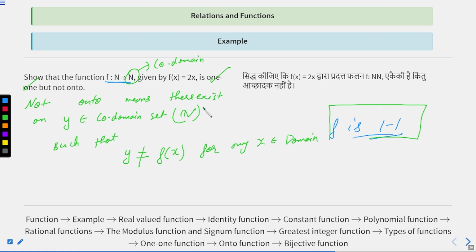So here the domain is this set. If I show this, then I can easily say that it is not onto.